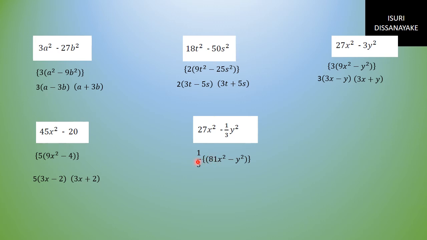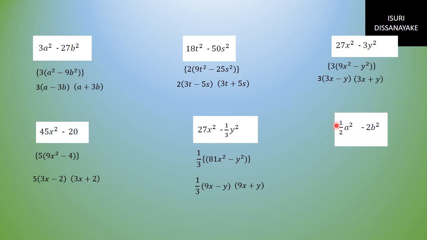Now you can see 1/3 times 81 is 27. We write the rest as it is: 81x squared minus y squared, with the 1/3 you have taken out. 1/3 is the common value which you brought out from the bracket, so you write it as it is. 81 means 9 squared, so we can write this as 1/3 (9x minus y)(9x plus y).